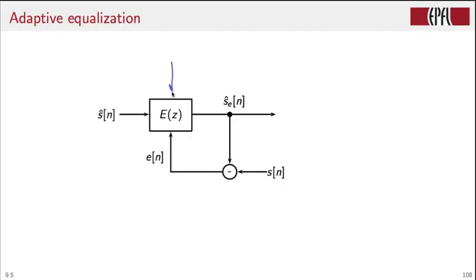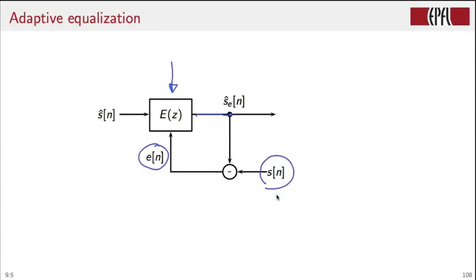So the filter that compensates for the distortion introduced by the channel is called an equalizer, and what we want to do is to change the filter in time, so change the filter coefficients in a DSP realization, as a function of the error that we obtain when we compare the output of the filter with the signal that we would like to obtain.